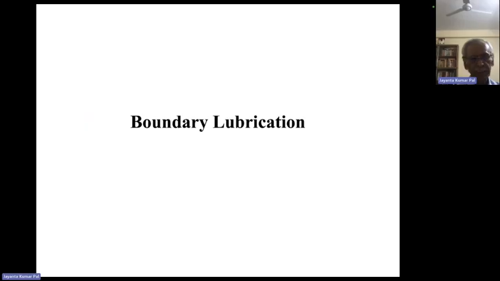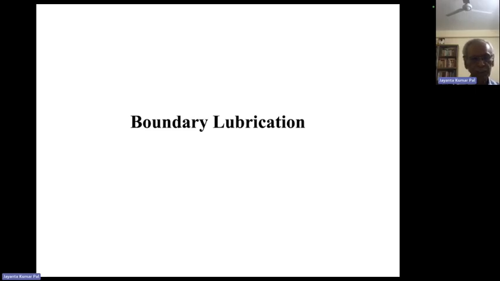And obviously, a lot of information has been gathered. So in this small note, we probably cannot give a complete discussion of the lubrication modes, but we'll give a bird's eye view of the lubrication modes for an easy understanding.